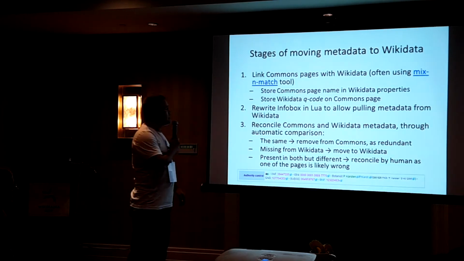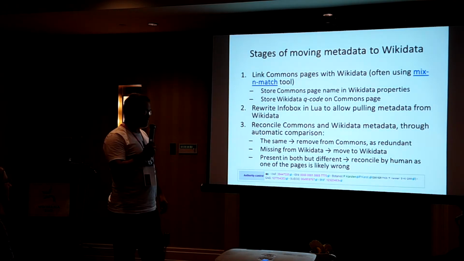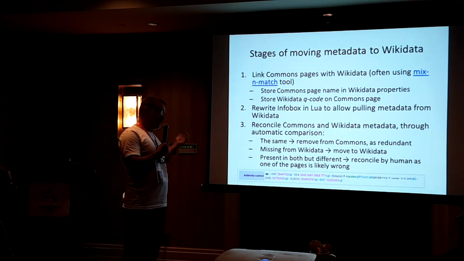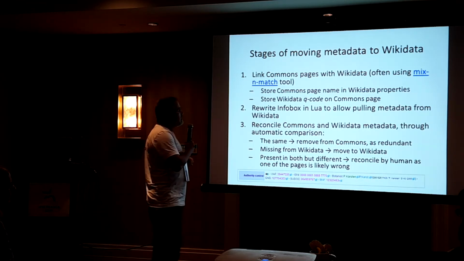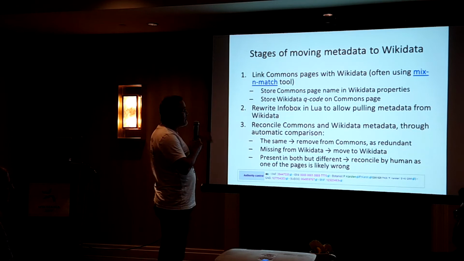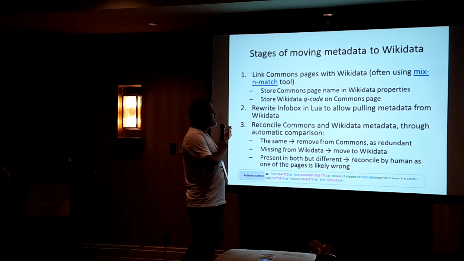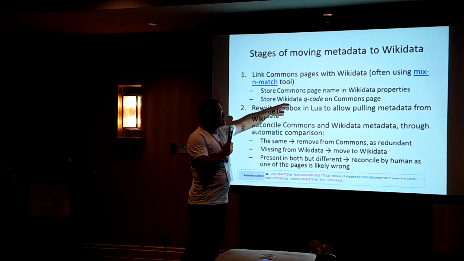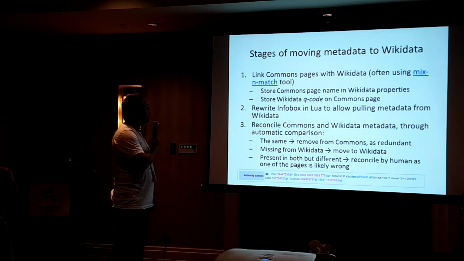Commons pages are not connected to Wikidata through sitelinks because there's only one sitelink allowed per project, and it's usually pointing to some random page. It's either a gallery page or a category page, or you never know. So the only reliable connections from Wikidata to Commons are through properties. And so each page, if it wants to fetch data from Wikidata, has to have a Q code.